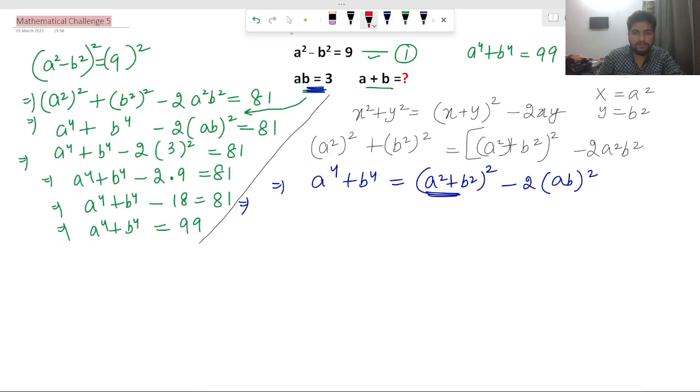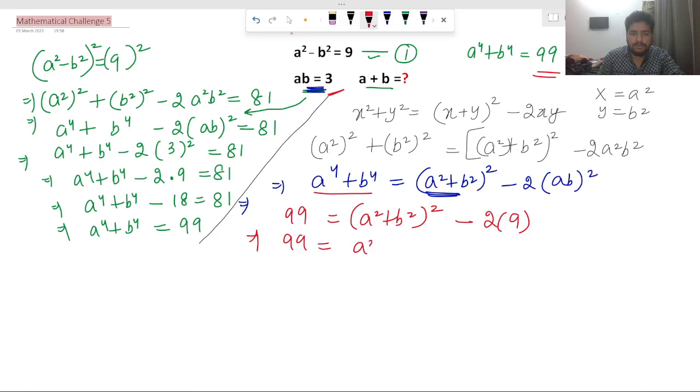What we can do is we can put the value of a4 plus b4, which was 99. It will be 99 equals a square plus b square whole square minus twice of ab square, where ab is 3, so square of 3 will be 9. So 99 equals a square plus b square whole square minus 18.